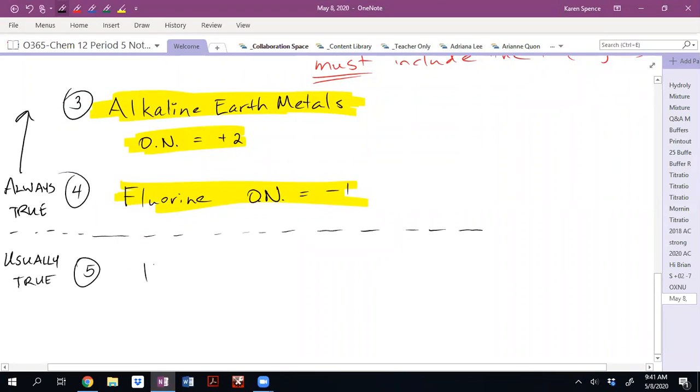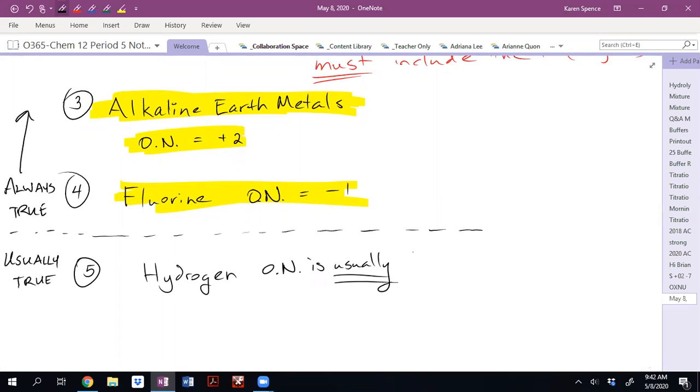hydrogen. What would you imagine the most normal oxidation number of hydrogen is? It is usually +1.